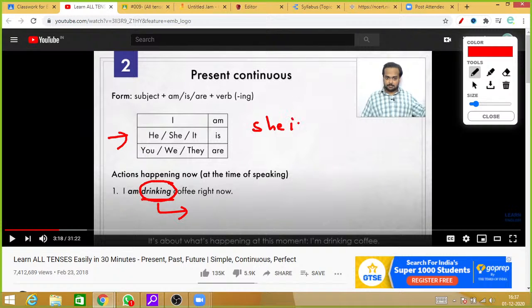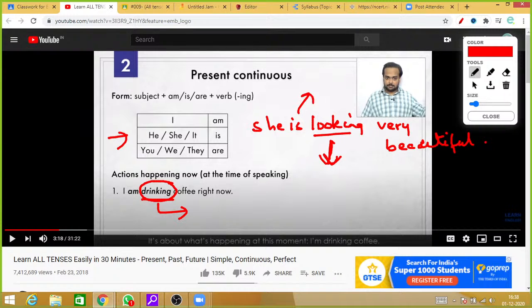She is looking. Very good. So looking, which is the verb here? Looking, bete. Looking. Dikhna. That is the verb here.